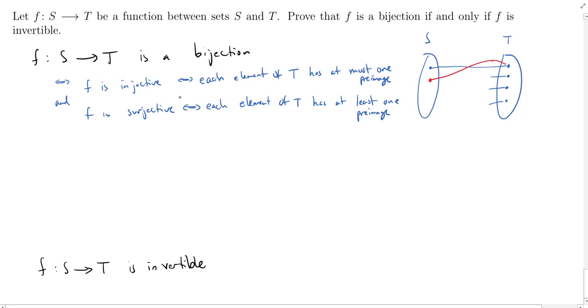The combination of these is then very easy to determine. If you have at most one pre-image, and at least one pre-image, then you have exactly one pre-image. So saying that f is a bijection is equivalent to saying that each element of T has exactly one pre-image.